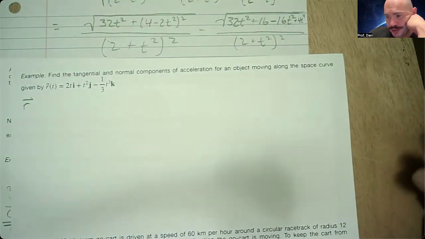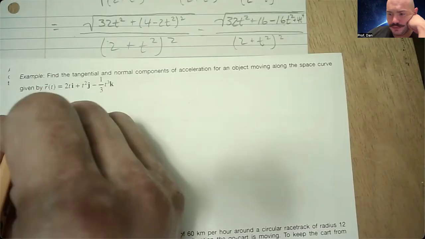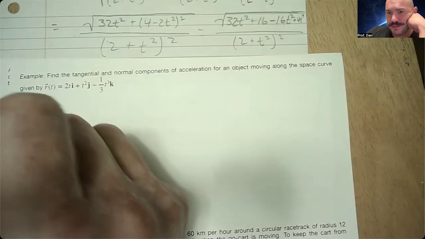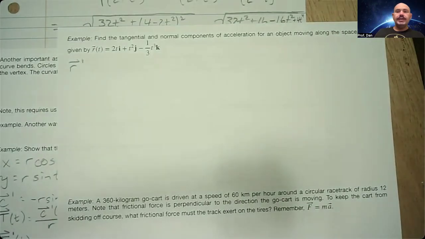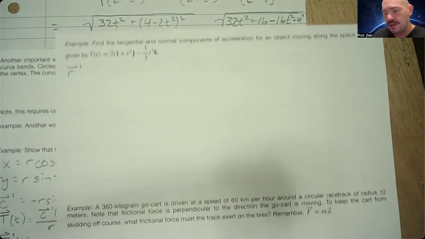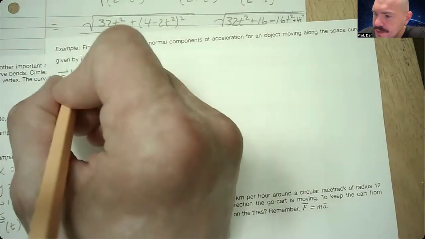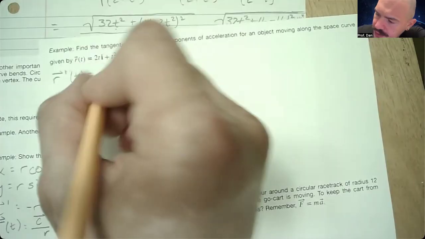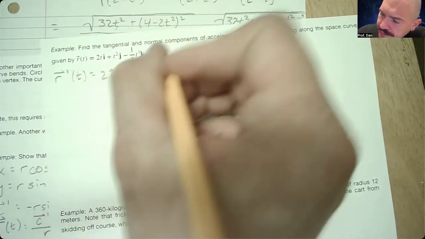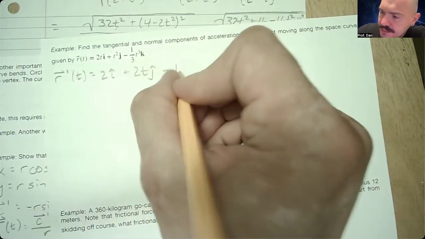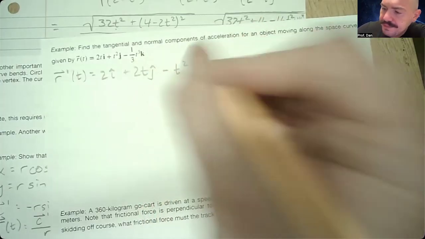So to start off with, my first step is to find the derivative. All right, because in order for me to find the arc length, I need to know the magnitude of the derivative. So r prime of t is going to be 2i plus 2tj minus t squared k.